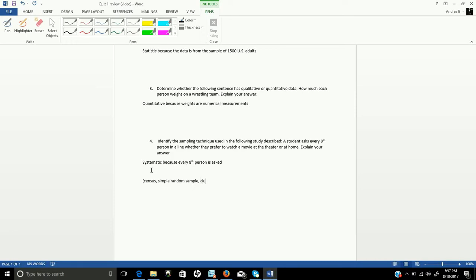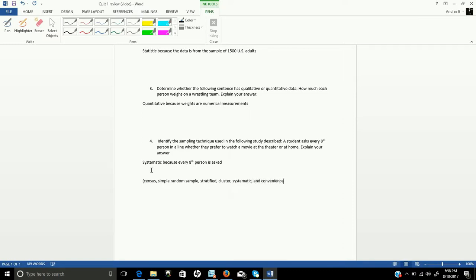You have your stratified and your cluster as well, which remember are breaking them up amongst different groups depending on the location or where they're already located from. And then we have our systematic that we have here, and convenience.